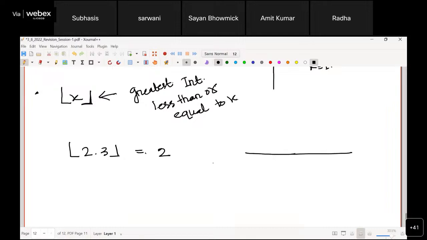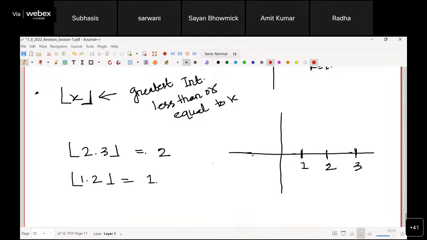Suppose you draw the graph, and let's say this is 1, this is 2, and this is 3. If I take 1.2, I will get 1. 1.3 also gives me 1, and 1.4 gives me 1.